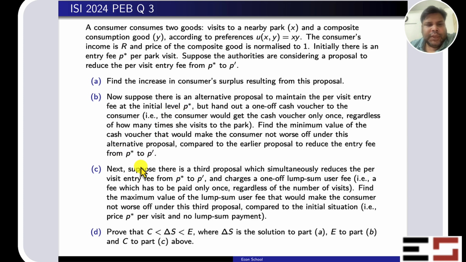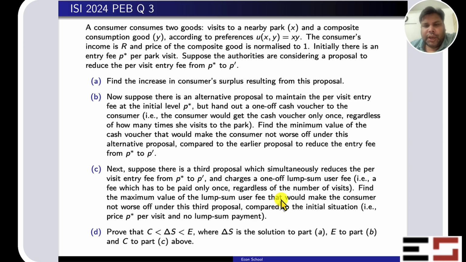In the next problem we have to figure out if there is a third proposal which simultaneously reduces the per visit entry fee from P star to P prime and also charges a one-off lump sum user fee. You have to figure out what should be the maximum value of this lump sum user fee that would make the consumer not worse off under this third proposal compared to the initial situation.